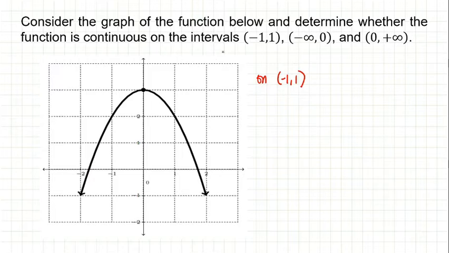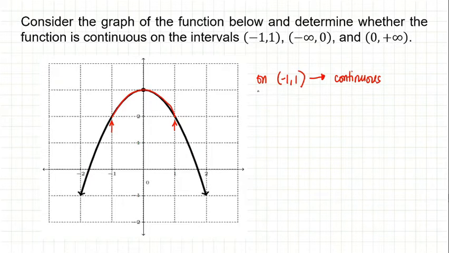So -1 is here, and +1 is here. Now, tracing the graph, we cannot see any holes or gaps or breaks. So in that case, we can say that the function is continuous on the interval -1 to 1.